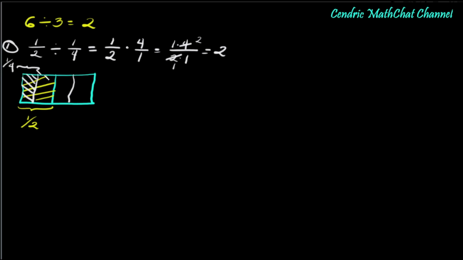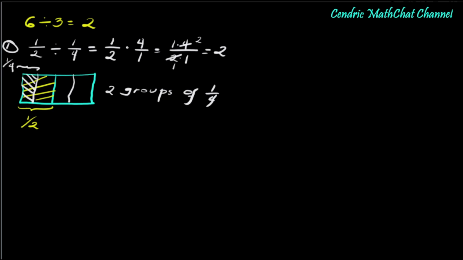So from here, this is my 1/2. Ito ang itsura ng 1/4. Ilang pieces ng 1/4 ang pwede kong mayari out of this 1/2? So pag titingnan natin, it's 1, 2. Meron akong 2 groups of 1/4.